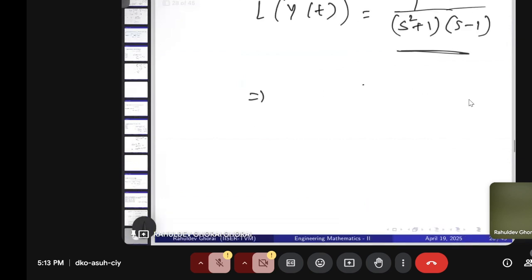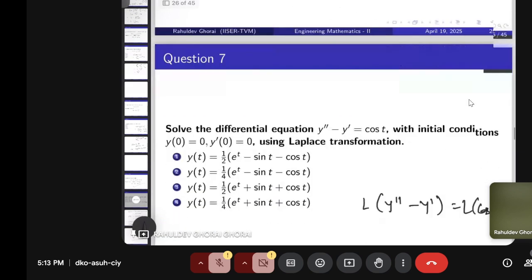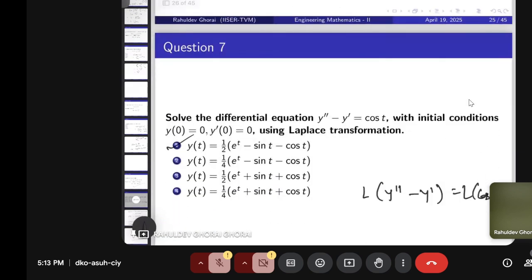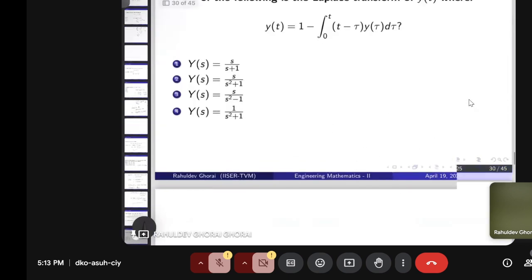That will be y(t) equal to half of e to the power t minus sine t minus cos t. Okay, that's all. The answer is also given to you.